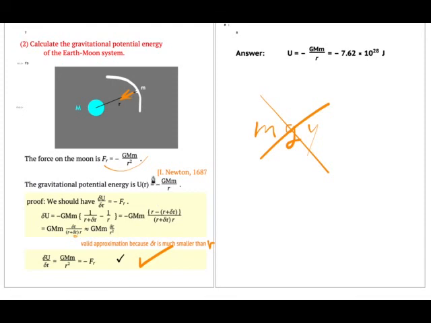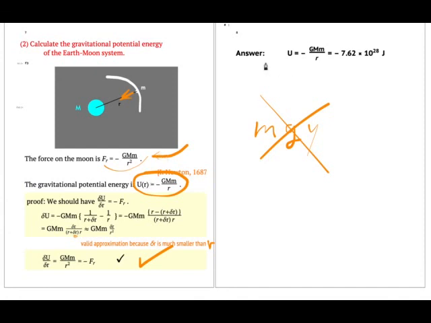So what I just proved is that this function is the potential energy for that force. Because the potential energy has to be related to the force by this equation. And if this is the potential energy function, then this equation is true. So this must be the potential energy function.